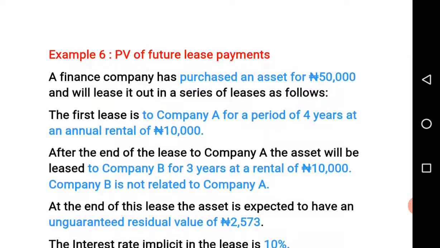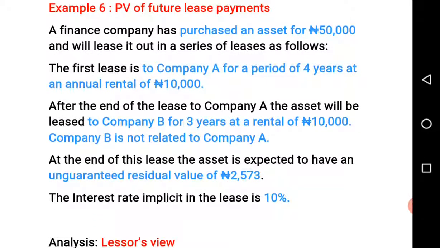At the end of the lease to company A, the asset will be leased to company B for 3 years, with the same payments of 10,000 naira, and company B is not related to company A. At the end of the lease, the asset is expected to have an unguaranteed residual value of 2,573, whatever currency you use. The interest rate implicit in the lease is 10%.